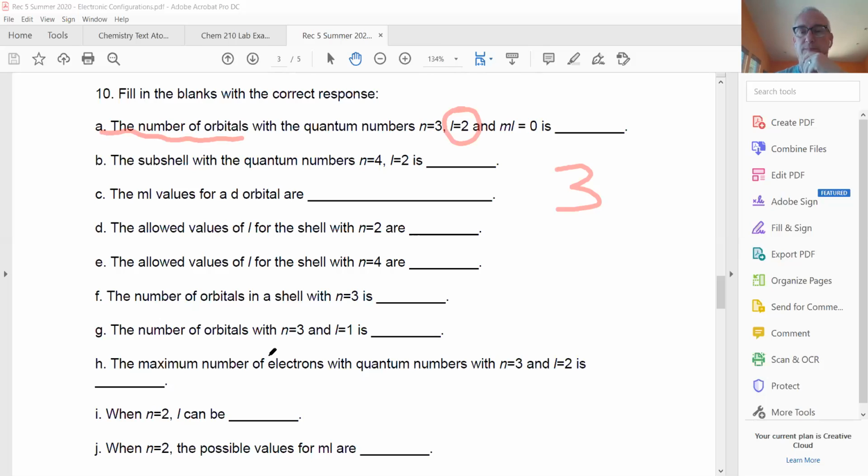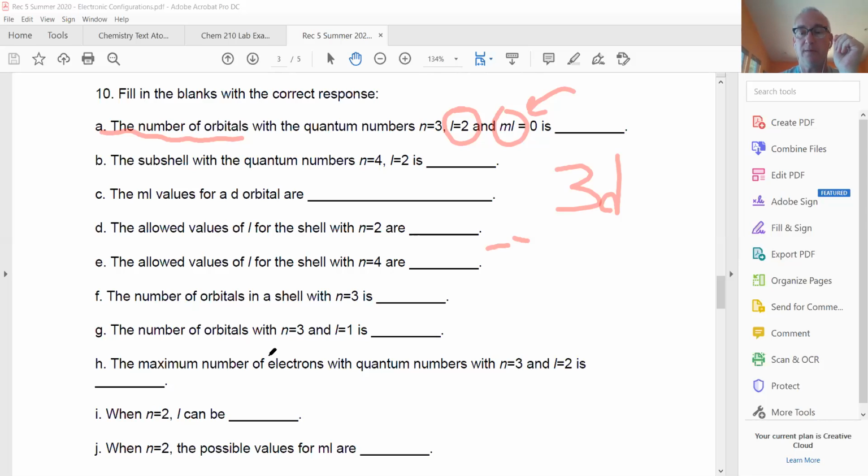D. And ML equals 0. So basically what it's referring to is one specific orbital. If ML is given a specific value, it means it's talking about one orbital.